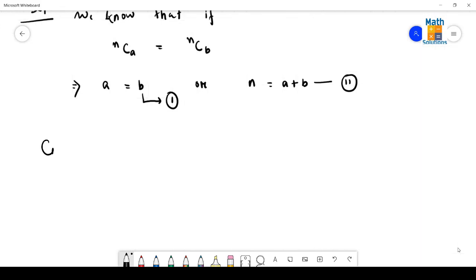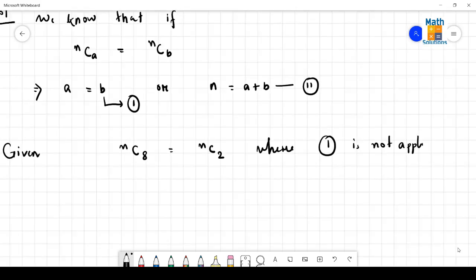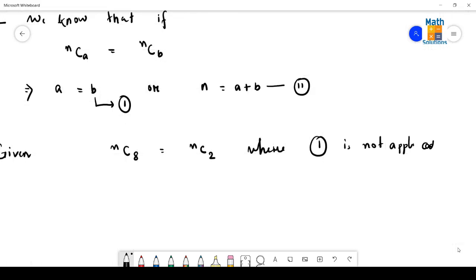Given in this question, what do we have? Given nC8 is equal to nC2, where 1 is not applicable.